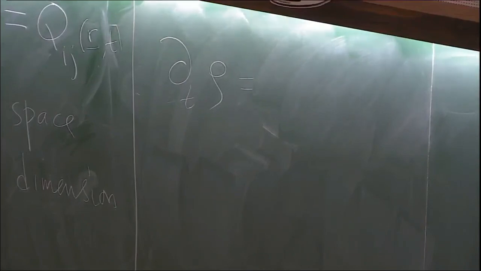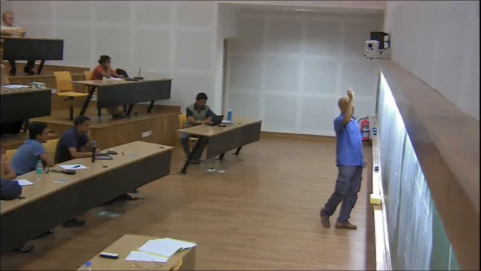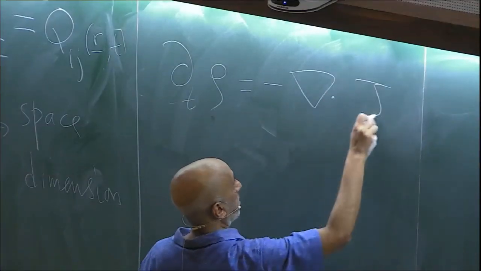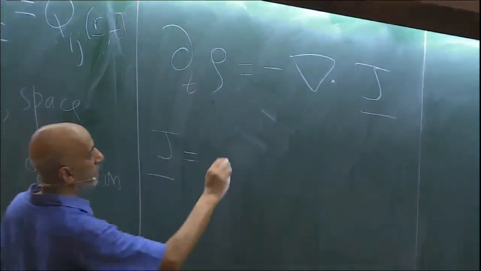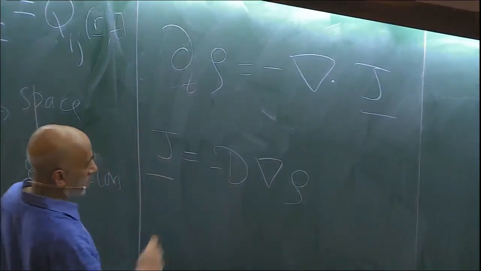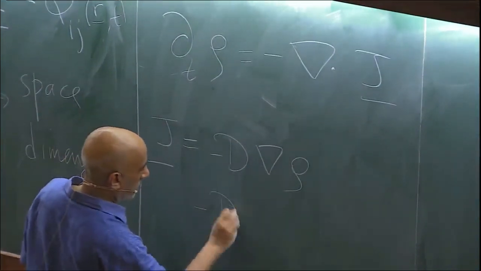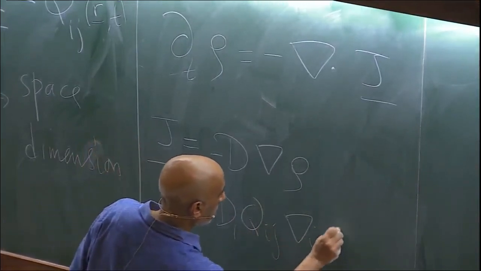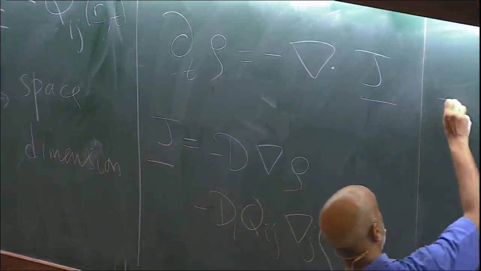And I'll write down whatever is allowed. Density is conserved, so I've got to write this as the divergence of some current. That current can have some ordinary diffusion. That's one piece. It can have something else.